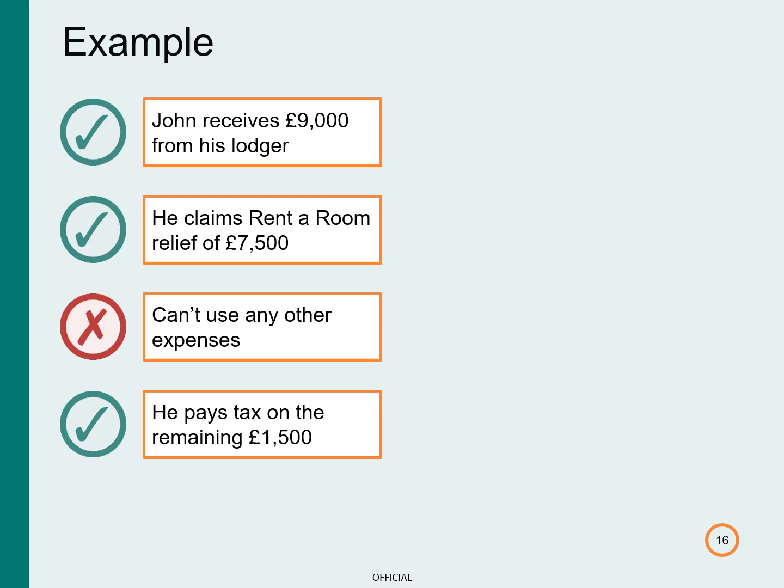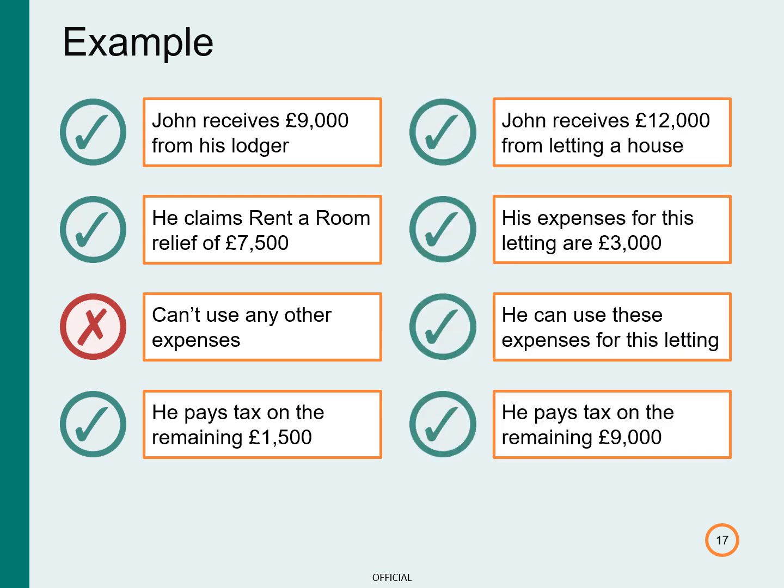John has a lodger and receives £9,000 in the year. He claims rent-to-room relief of £7,500. He can't use any other expenses or deductions against this income, so he'll pay tax on £1,500. He also lets a house and his income from that is £12,000 in the year.